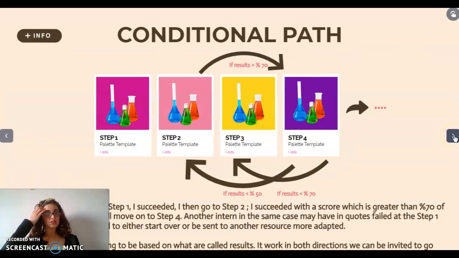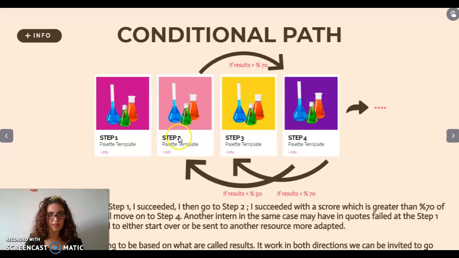And yes, the second one is the conditional path. Like here you can see, for example, if I followed step 1 and I succeed, I can now go to step 2.